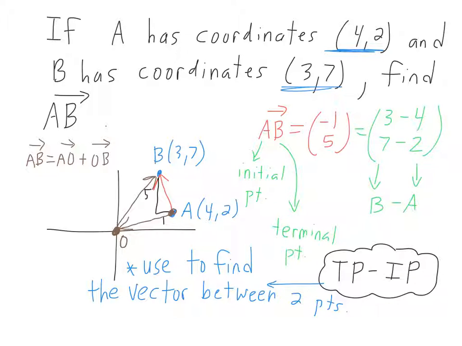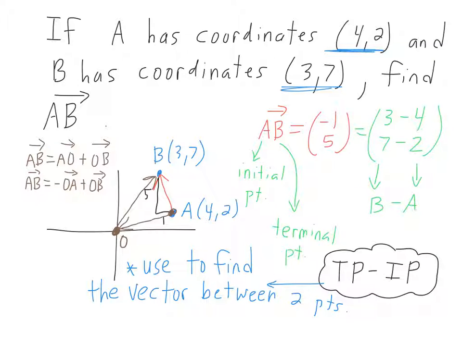Well, this is the same as, if we were to write this as a position vector that starts from O, this AO vector, if we were to flip it, recall how we said in a previous video that we could negate it. So AO is the same as the negation of OA, and we still have that plus OB.